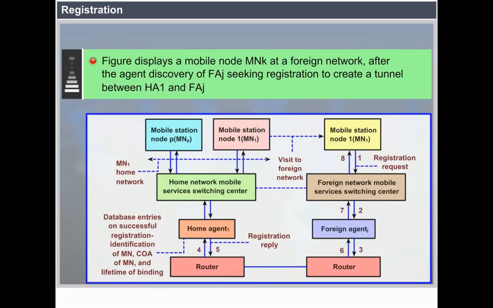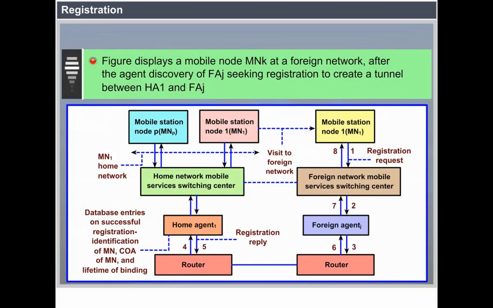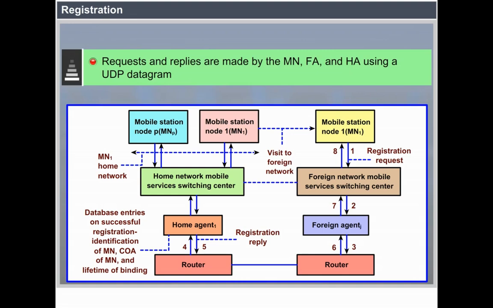The figure shows a mobile node MNK at a foreign network after agent discovery of FAJ, seeking registration for creating a tunnel between HAI and FAJ. Requests and replies are made by the MN, FA and HA using a UDP datagram.